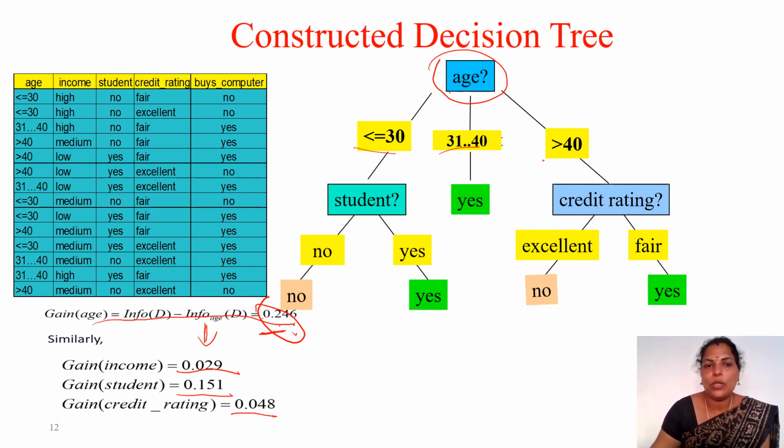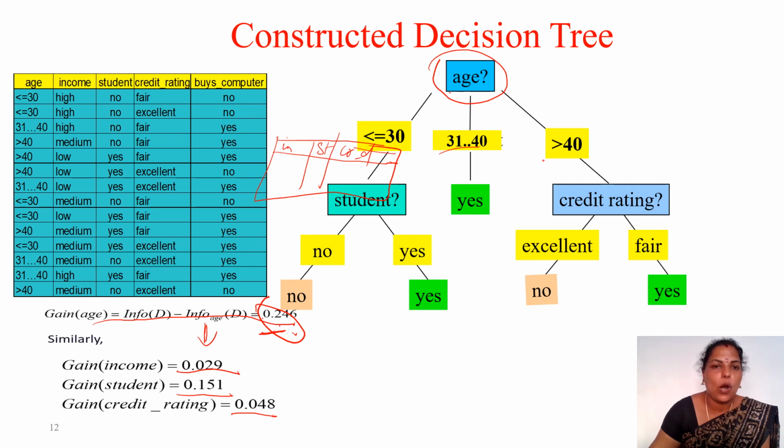Then you have to draw the tables. It is hidden here, but you need to draw this table. Except for age, for whichever records have less than or equal to 30, the columns are income, student, and credit rating.